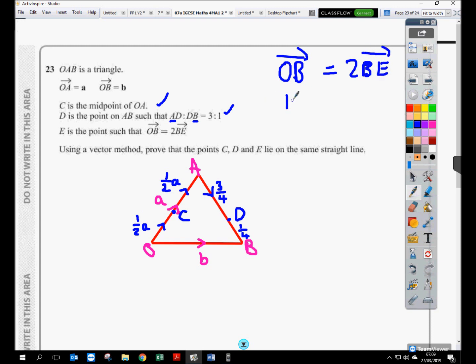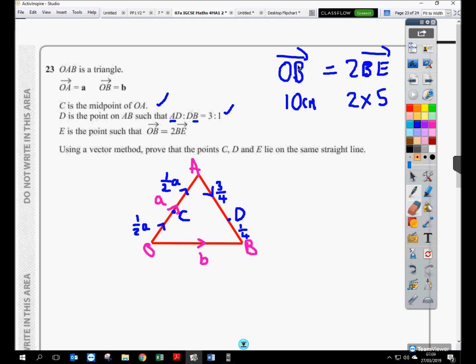If OB is 10 centimeters and that's equal to 2BE, that means BE must be 5 centimeters because two BEs make one OB. So BE is half the length of OB, because two BEs make one OB.